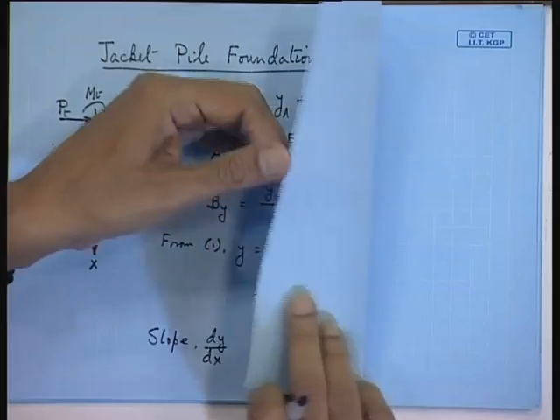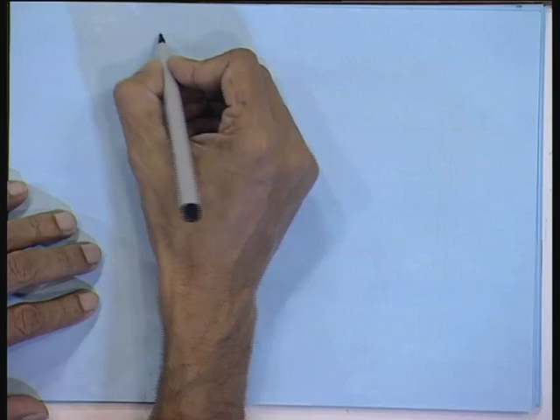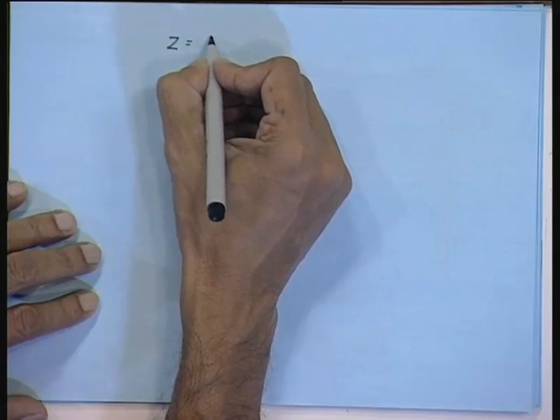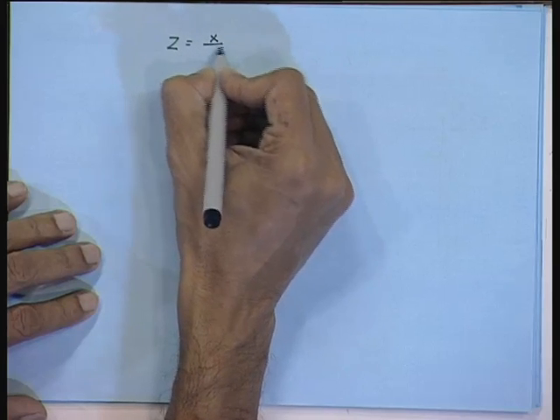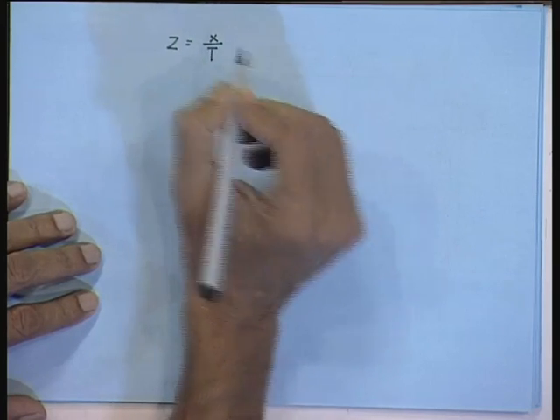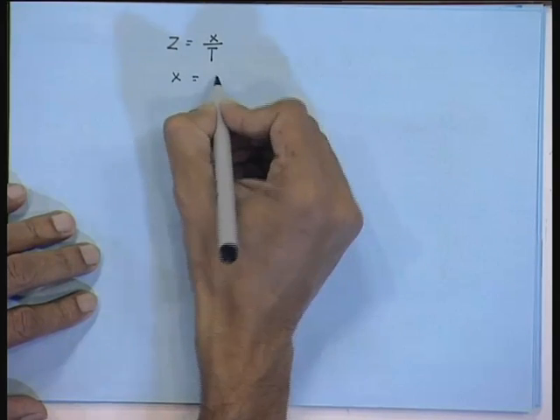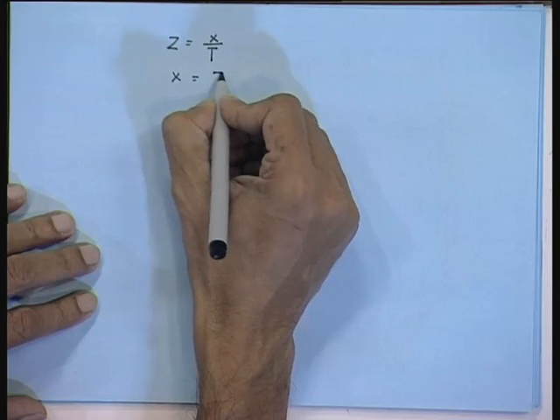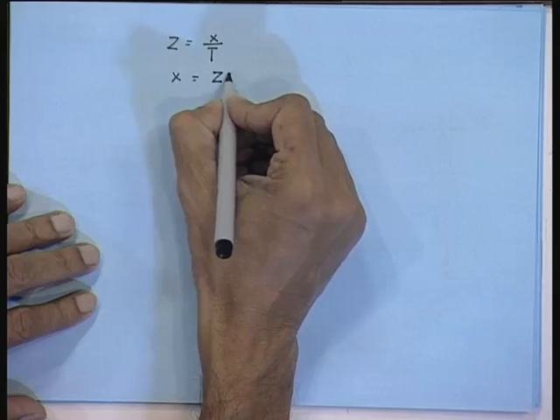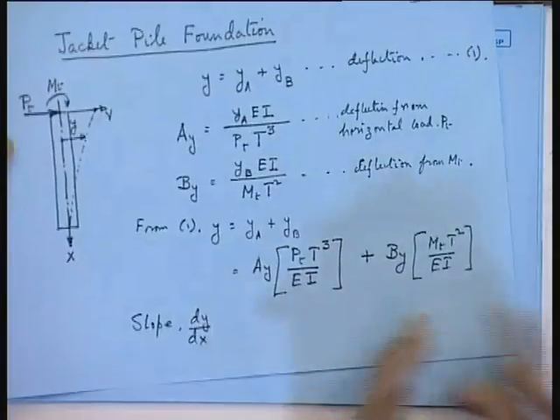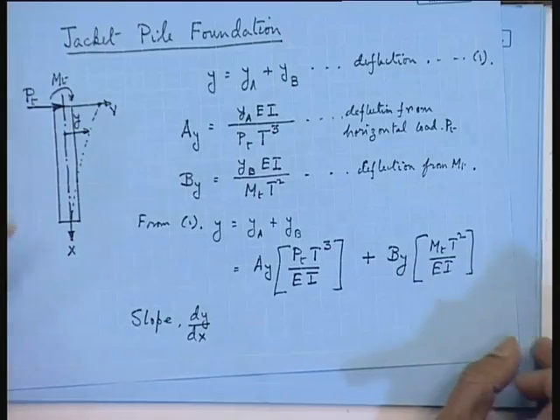If you look into your previous notes, what was the definition for x? z has been defined as x by T, and T is the relative stiffness factor. So, from this you get x equals some coefficient z multiplied by T. If you want to differentiate x, you have to differentiate T.